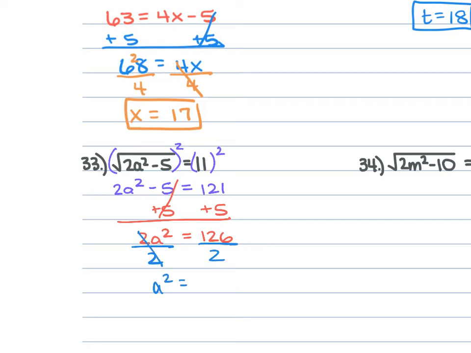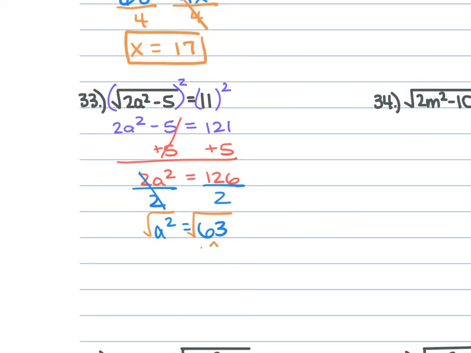So a squared is equal to 63. Then we take the square root of both sides. The 63 is 3 and 21. 21 is 3 and 7. So now that we're taking the square root of both sides, that plus or minus has to go in front of our answer. And we're going to have a is equal to plus or minus 3 square root 7.